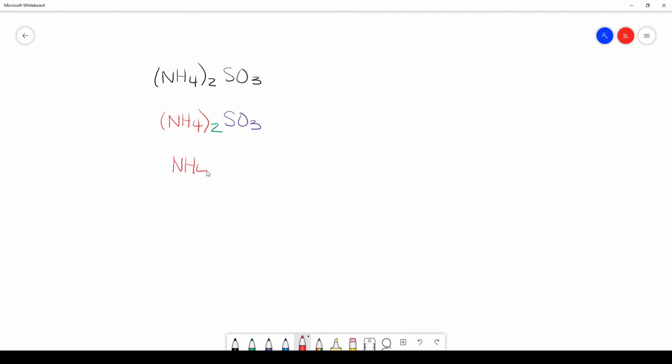So my formula for ammonium is NH4. It's a polyatomic ion that we've already established. We just need to know it, and it has the charge of a plus 1. The rest of this is my anion, SO3, and it has a charge of a 2 minus.